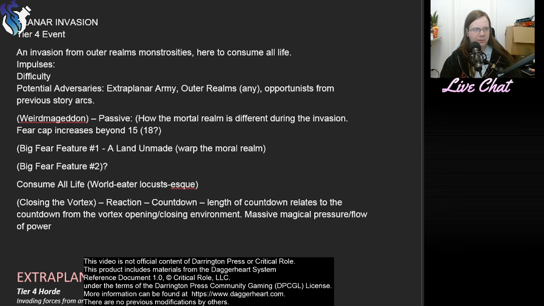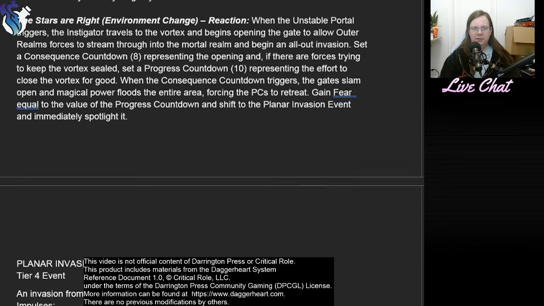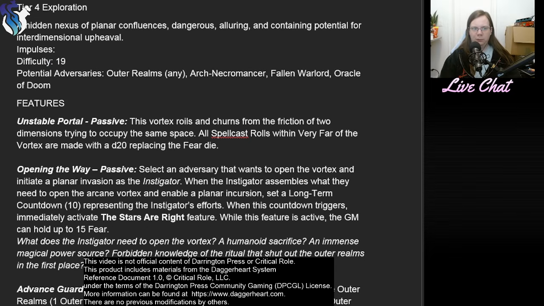Okay. Yeah, so this is a little different than what I was thinking, but possibly in a fun way. Because I think an arcane vortex could probably turn into an Arcanostorm as another thing that could possibly happen.